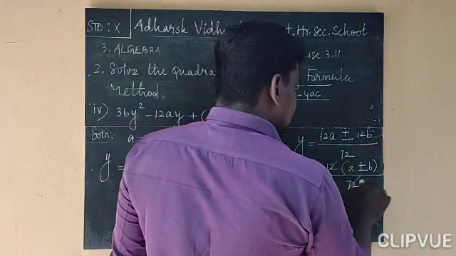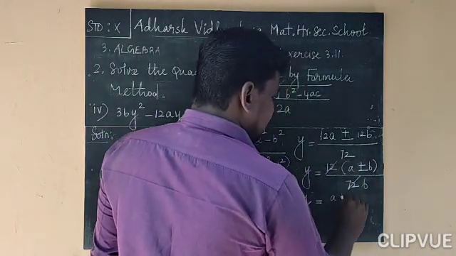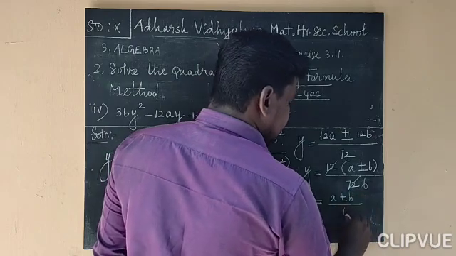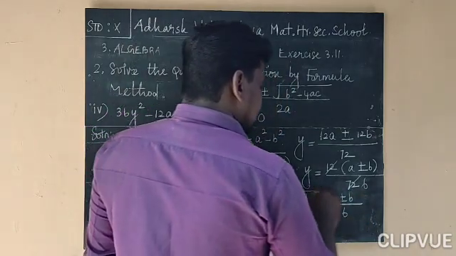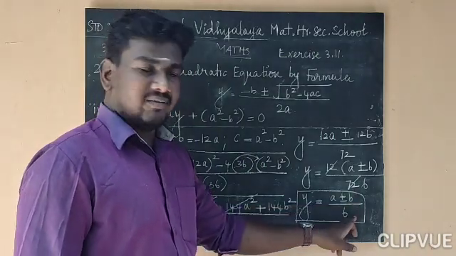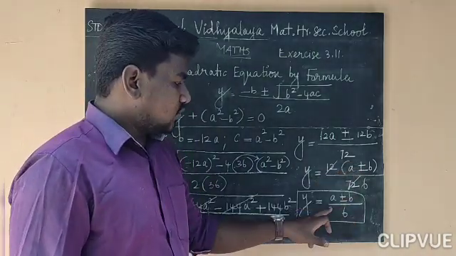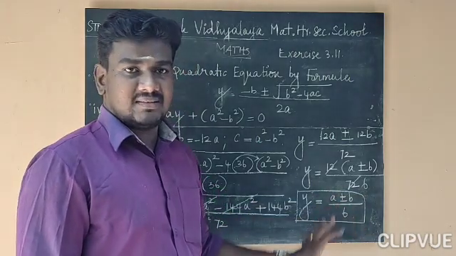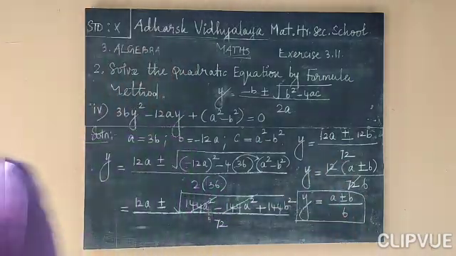Here 1 time, 6 times, so you will get a plus or minus b divided by 6. So case 1, y is equal to a plus b divided by 6, and case 2, a minus b divided by 6. This is the required solution set.